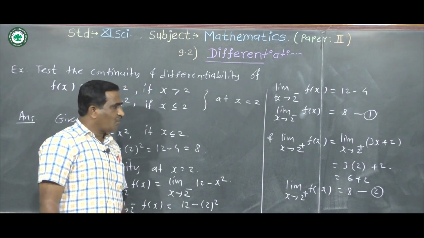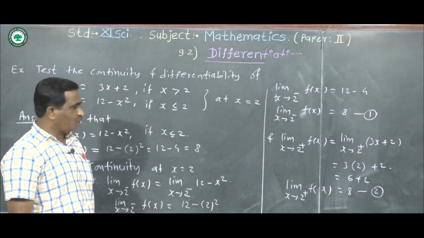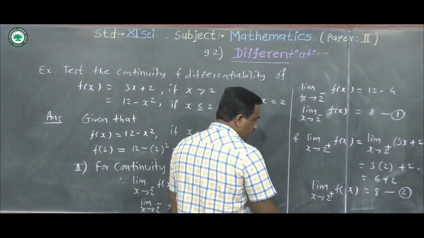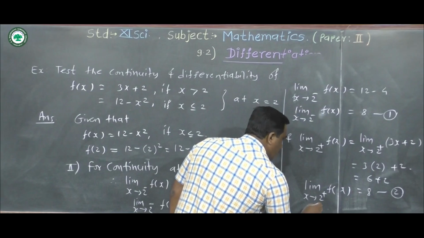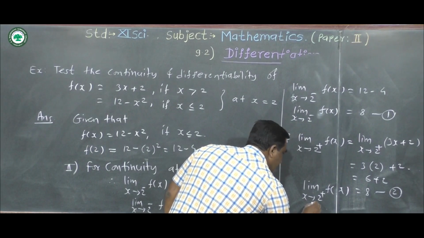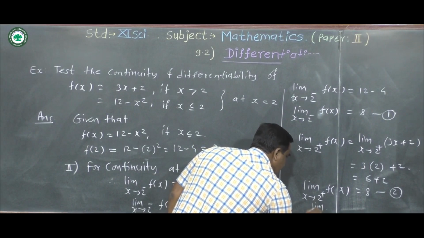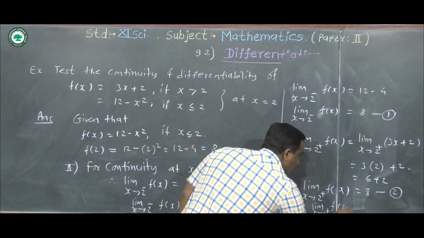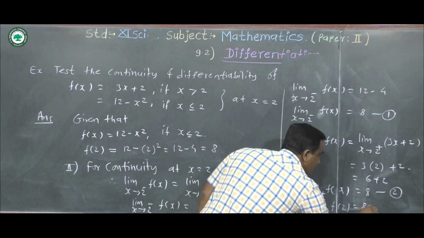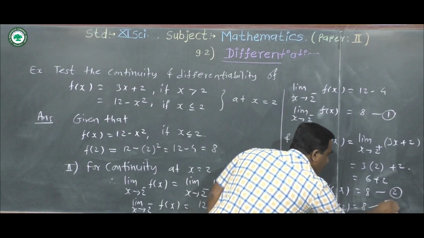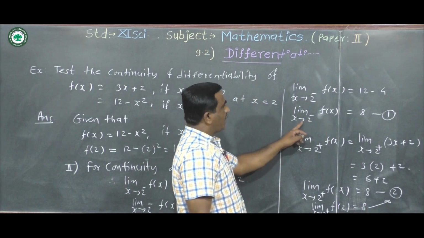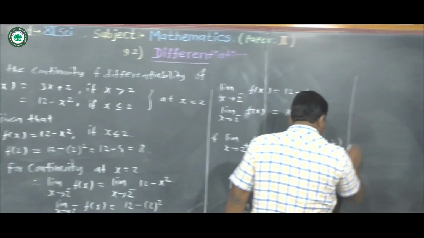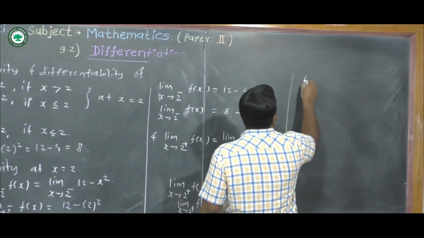Okay. Now we have to find the value of f of 2. Here at x equal to 2, we have the left hand limit and right hand limit also. Now we have to find f of 2.